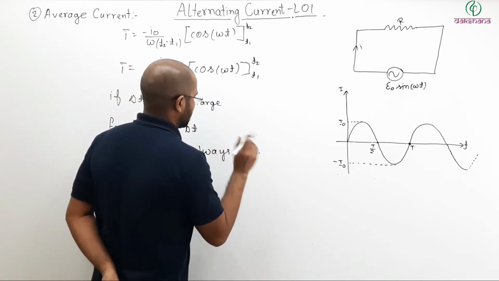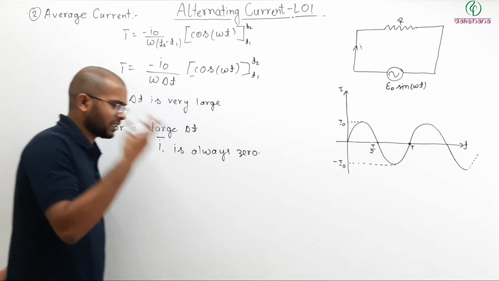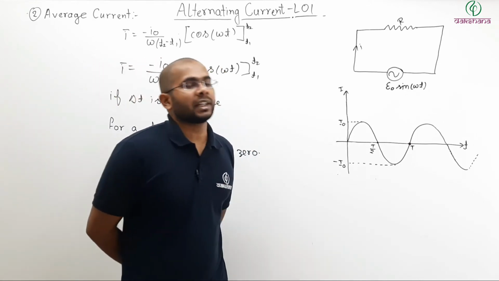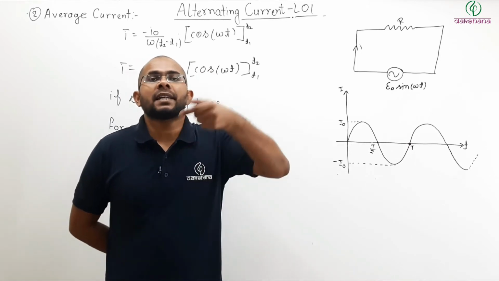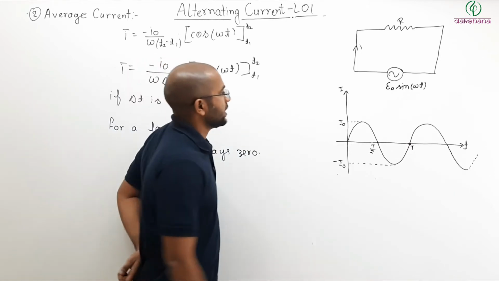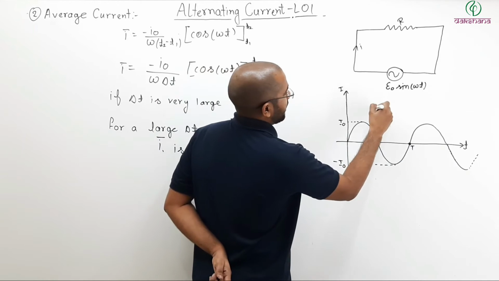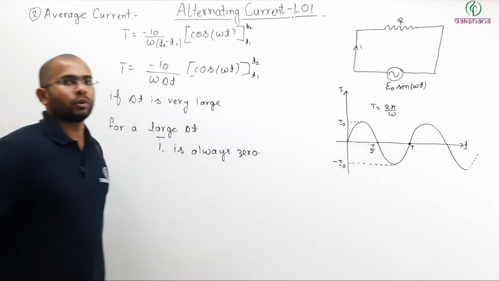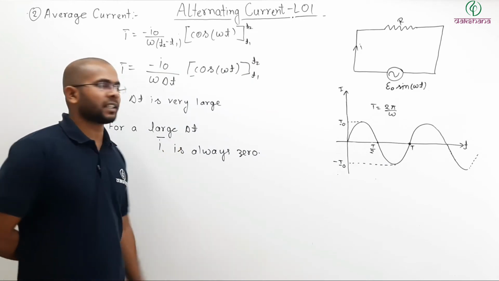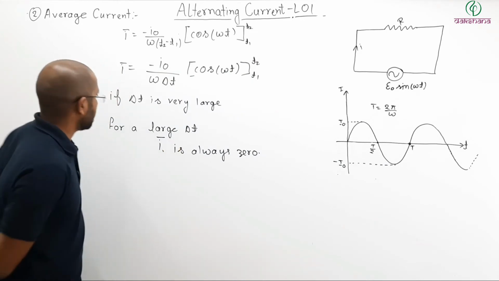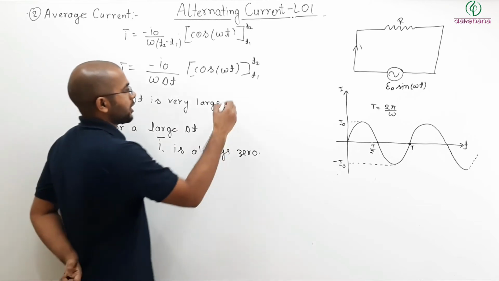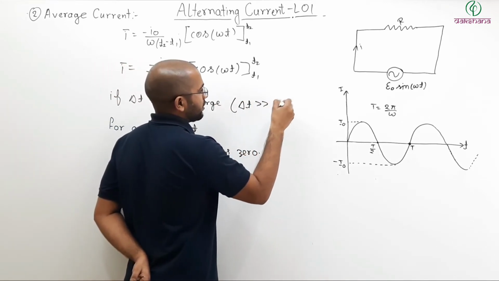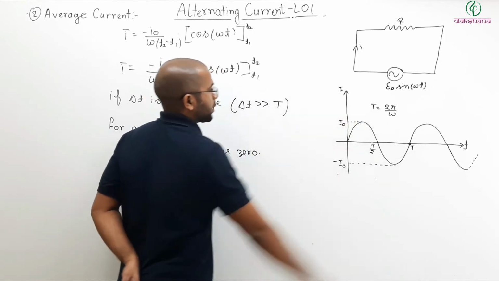Now, okay sir, delta t is very large. How do we say that delta t is large? You can compare it with the time period. What is the time period? Here the time period is 2 pi by omega.